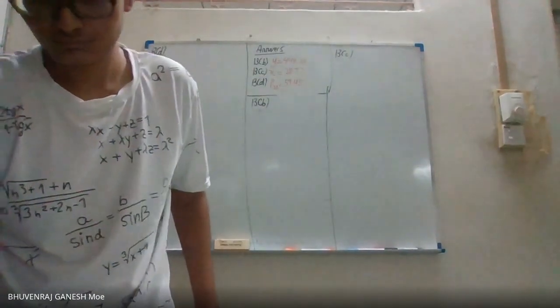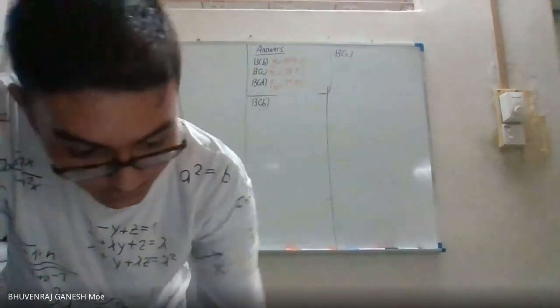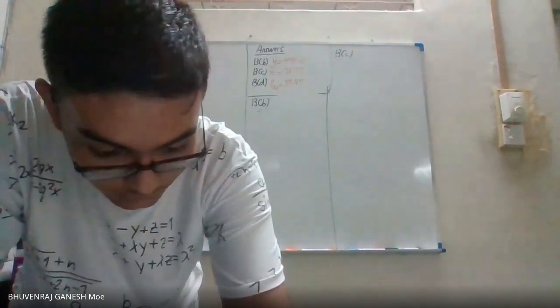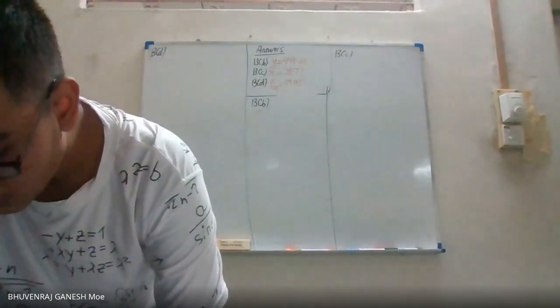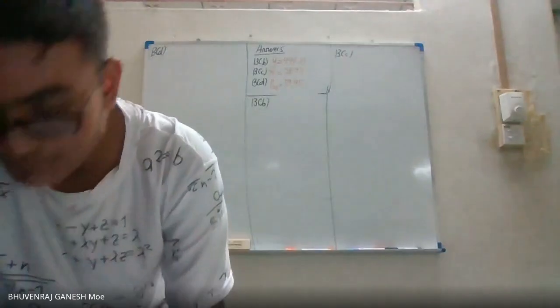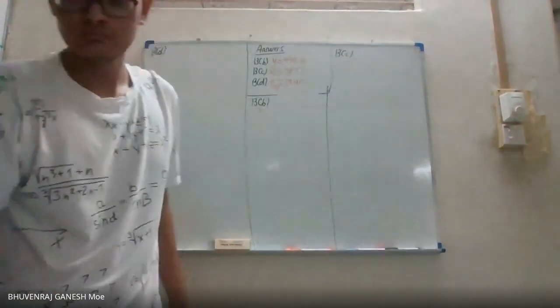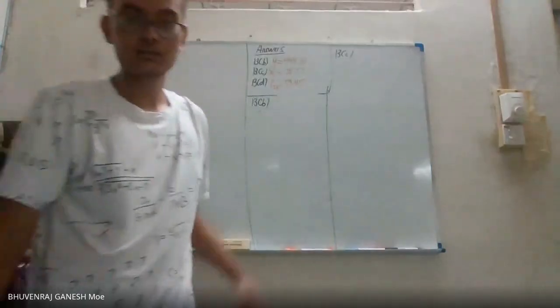Oh, but when I calculated it was like this answer. Wait, let me check. This one, they are 23.2 over square root 3. I get 13.4. 30.4 from the calculator on my phone.